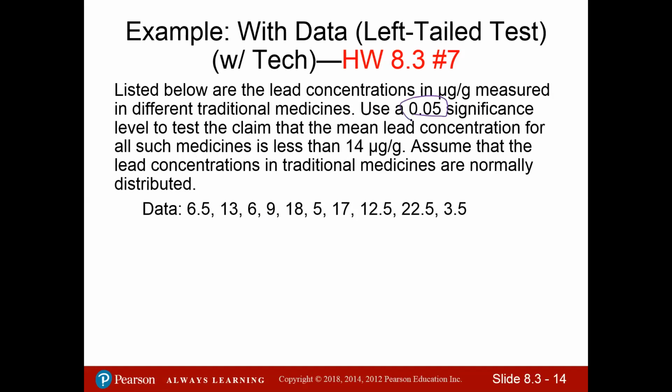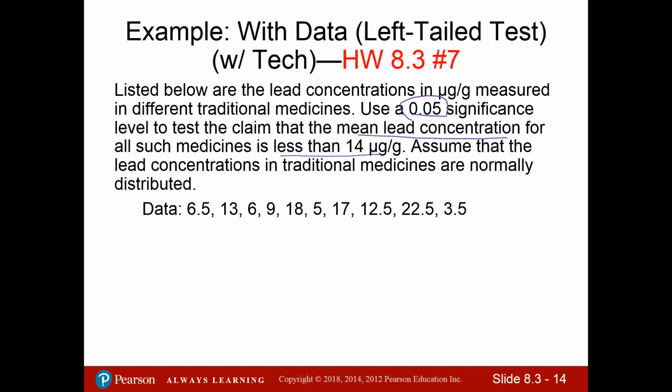Alpha is 5%. You want to test the claim that the mean lead concentration for all such medicines is less than 14 μg per g. This is our data set. I'm going to open StatCrunch, enter these values, and then do the p-value.